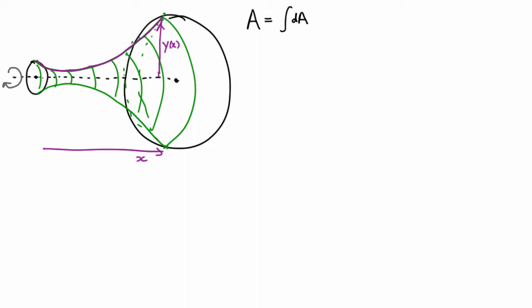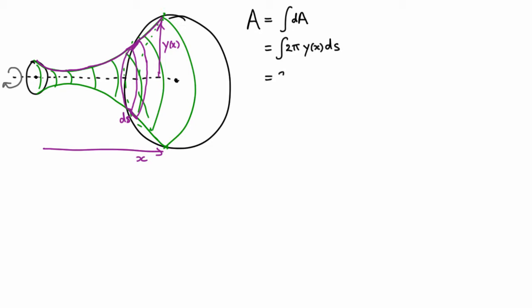Now, in order to do that, what we do is we break up our area into pieces. So we pick a particular x, and we have a very thin piece here. It's thin, but of course it's a circle. Because the thing can be on a very strong slope, that width there is ds. And its total area is going to be the circumference of the circle times its width. So it's going to be 2 pi times y, that's the circumference of the circle, and its width is ds.